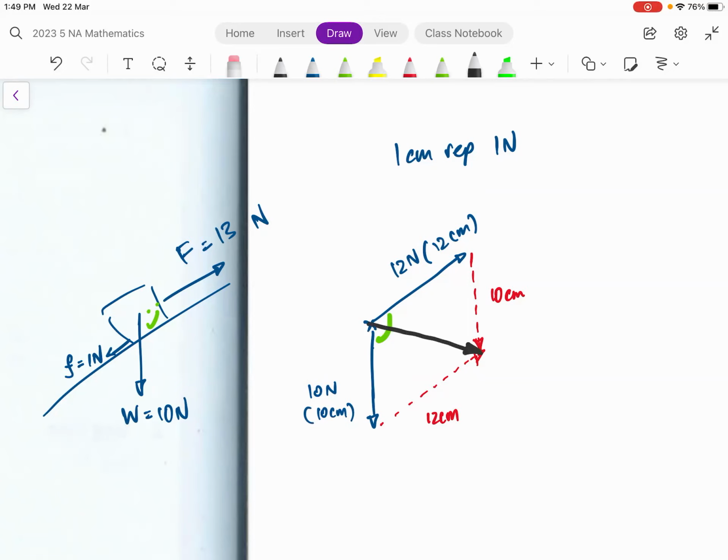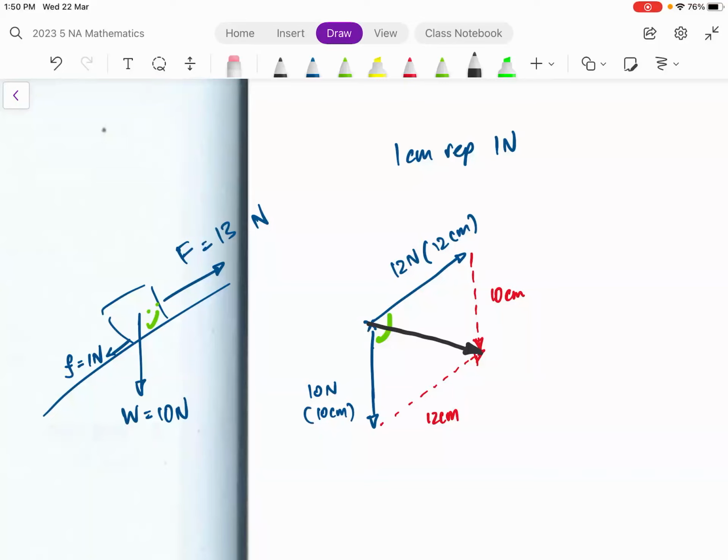Okay. Now, can you tell me what is the magnitude of this resultant force? The black color one. You measure. Yes, you measure because we are doing a scale diagram in physics. So if you measure it to be, for example, what is a reasonable distance? 13.